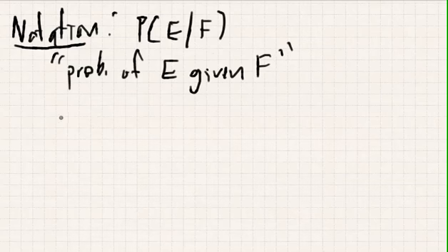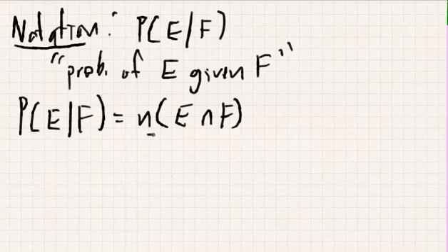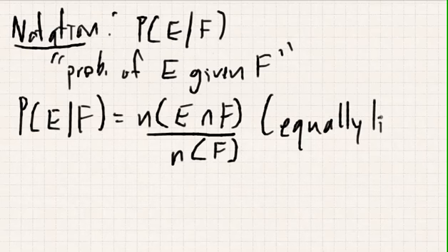Now there's also a formula. Let's remember that when I computed a conditional probability before, I computed it by counting the number of things in the intersection of the two events divided by the number of things in the assumed event. But this only works when we have equally likely outcomes.